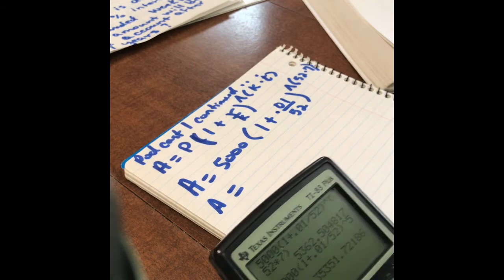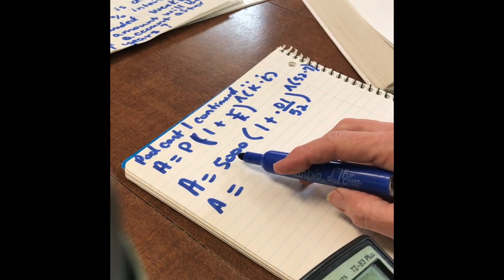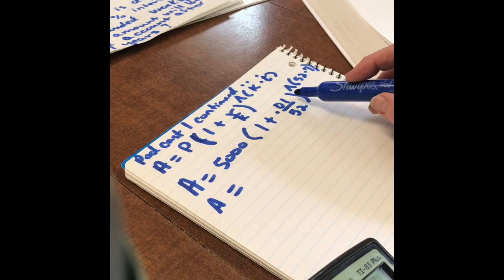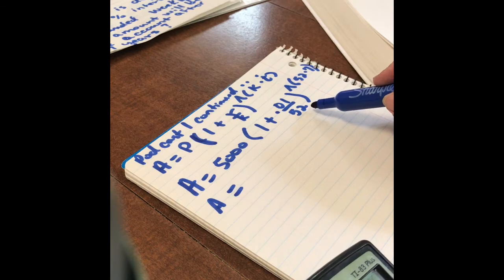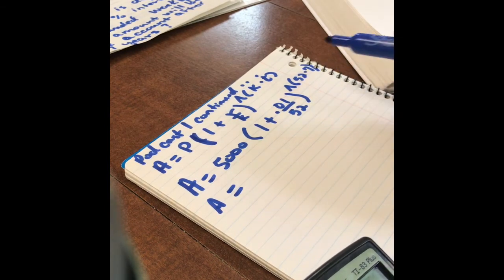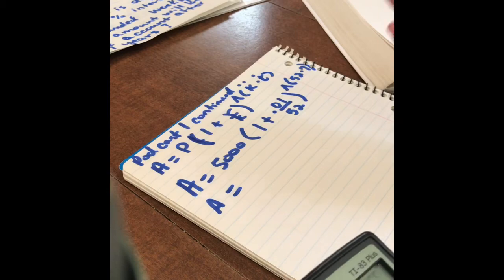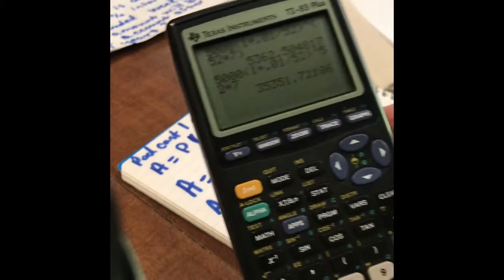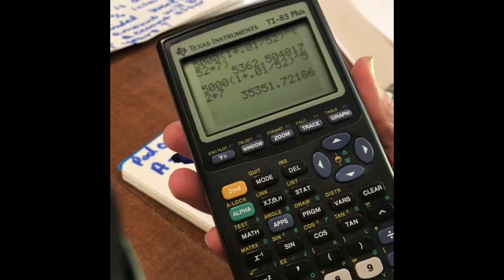The principal is $5,000 and the rate is 0.01, weekly means K is 52, and the number of years was 7. Now, I wanted to point out a common mistake that some students make. 52 times 7 you may not know off the top of your head, and it's very important that you enter the parentheses if you're using the calculator.